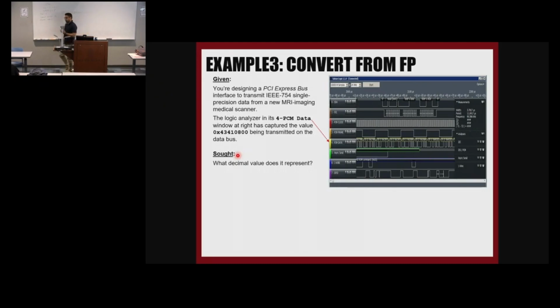Okay, so now we want to know what this number is in floating point. In English, it's going from hexadecimal to decimal floating point. So obviously the first step is converting this to binary. We have a hexadecimal number, and we convert everything to binary. Then we have to identify what the fields are.